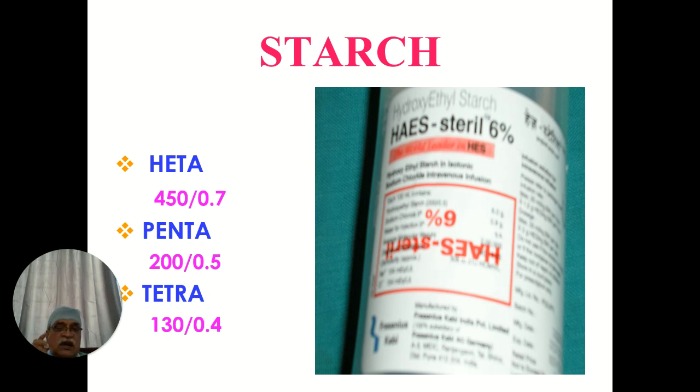This is a 200,000 molecular weight, 0.5 replacement. That is 50% replacement. Tetrastarch is 130,000 molecular weight and 40% of chain carbon atoms replaced with hydroxyethyl. So the concept is to go for lower and lower molecular weight and lower and lower hydroxyethyl replacement.